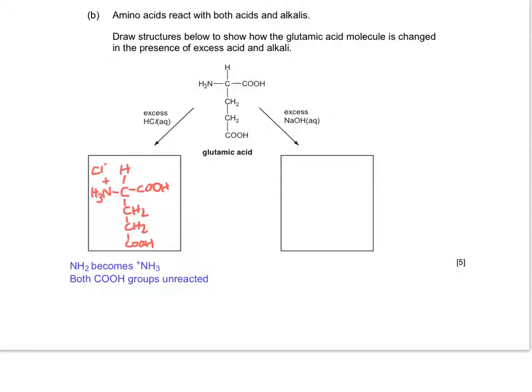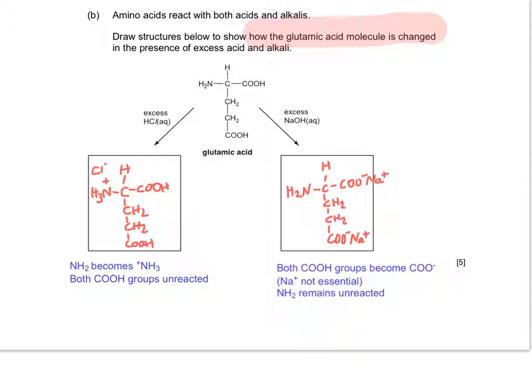You can add in the chloride ion if you wish, but it's not essential because it's only asking how the glutamic acid molecule itself is changed. And in the second structure, this time both COOH groups become COO-, but NH2 remains unreacted.